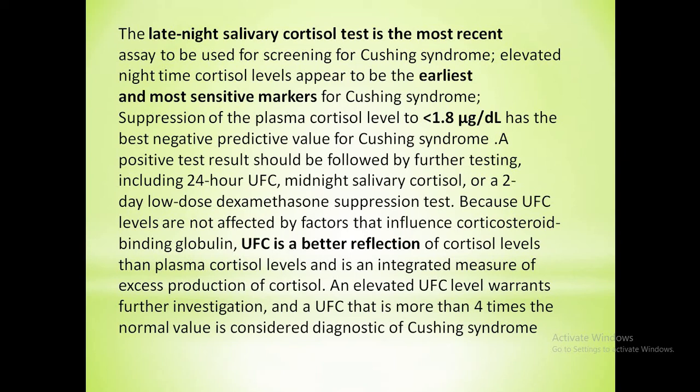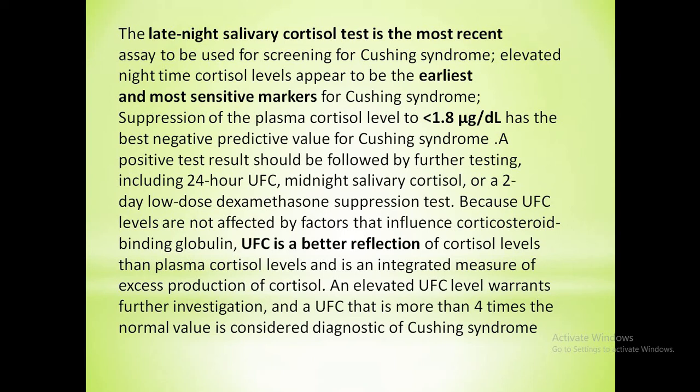Suppression of plasma cortisol to less than 1.8 has the best negative predictive value for Cushing syndrome. So if you have a positive test, it should be followed by further testing. It would include a night salivary cortisol, or a 24-hour urinary free cortisol, or a 2-day LDST.